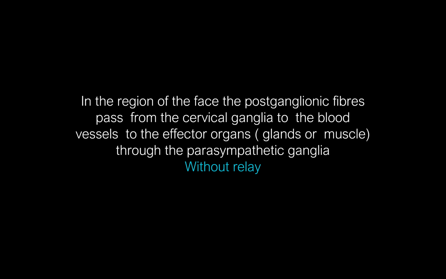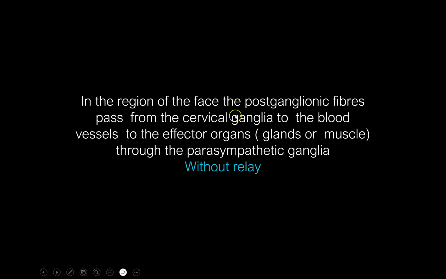In the region of the face, as we said, the postganglionic fibers pass from the cervical ganglia to the blood vessels. They reach the effector organ through the blood vessels, and they also pass through the parasympathetic ganglia but without relay.